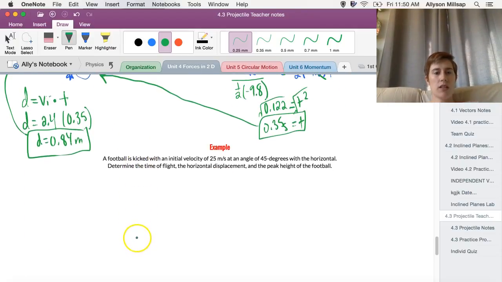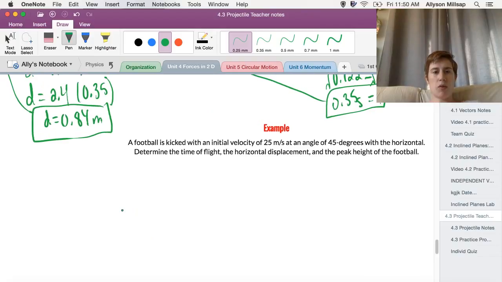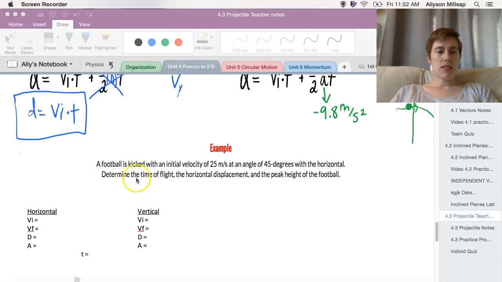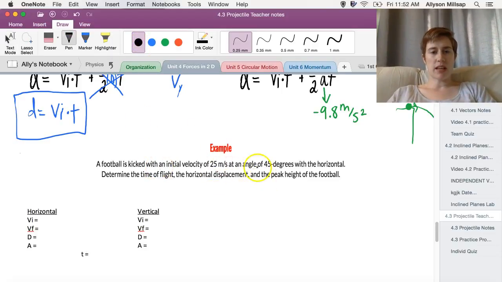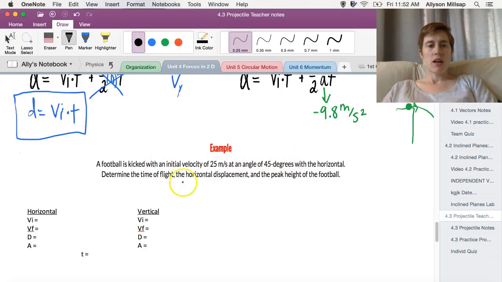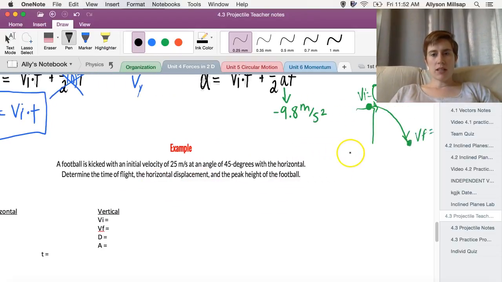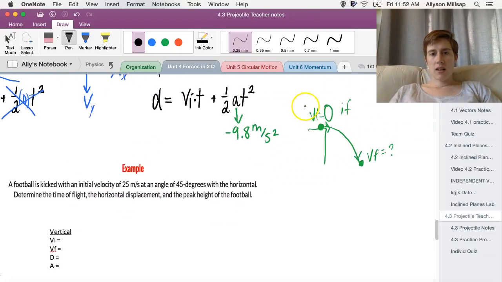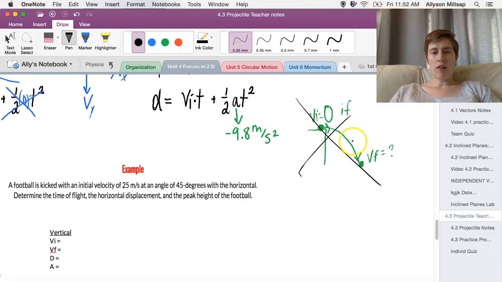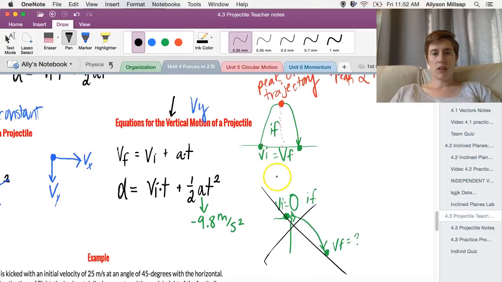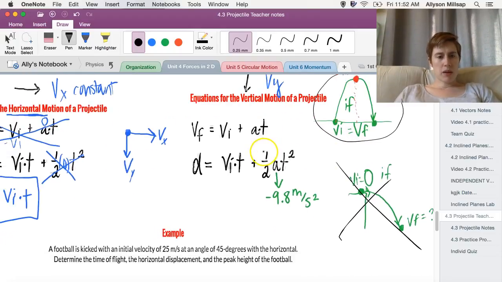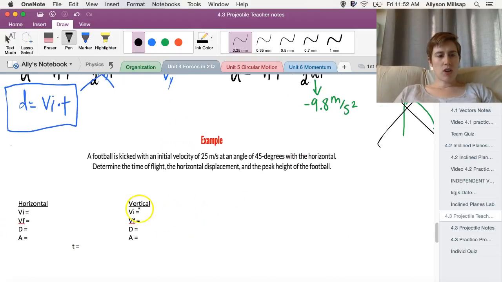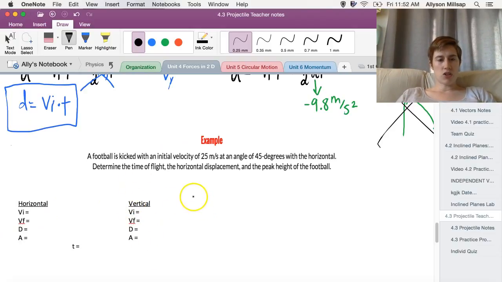Okay. Let's look at another problem. This one's a little bit more complicated. So this example says a football is kicked with an initial velocity of 25 meters per second and an angle of 45 degrees. So this example is not this one right here, where it's being thrown off. It is this example. Right here, we're being thrown upward and we're coming back downward. The problem with this type of picture is that we don't know the horizontal and the vertical initial speeds.